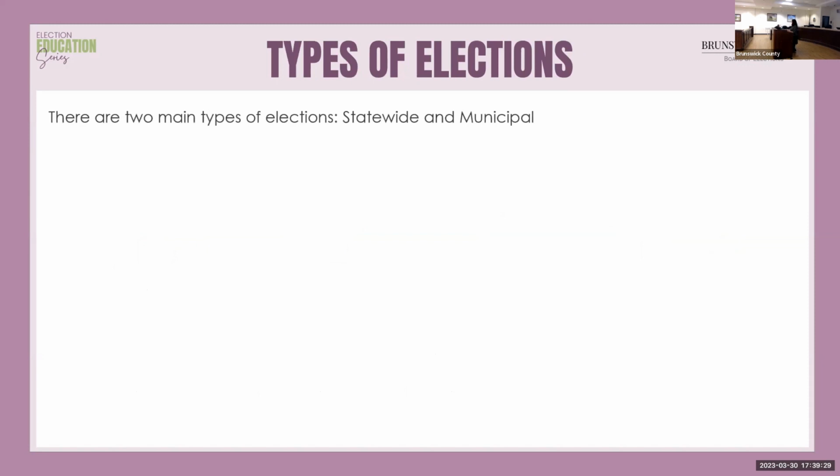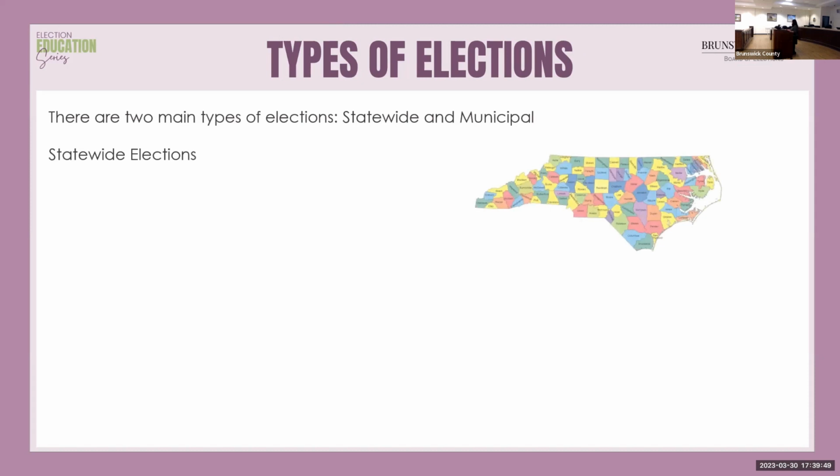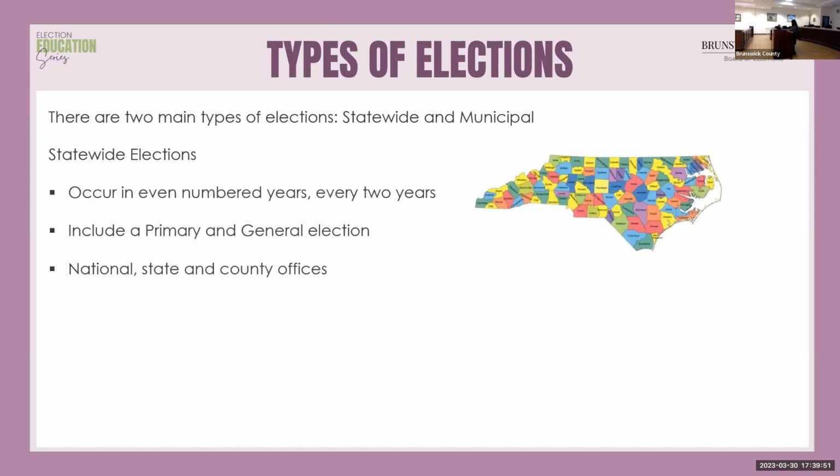The North Carolina State Board of Elections guides counties in the administration of elections across the state. So there are 2 main categories of elections, statewide and municipal. Elections in even-numbered years include offices on the federal, state, and local levels, such as U.S. and state senators, U.S. and state representatives, governor, lieutenant governor, secretary of state, attorney general, Supreme Court justice, district attorney, sheriff, and many more.